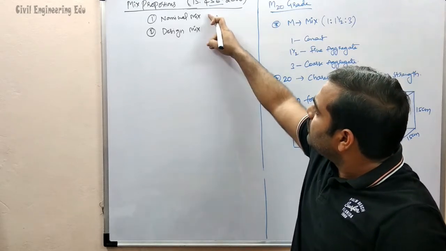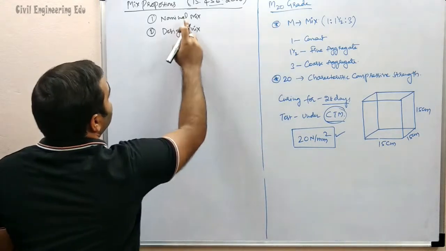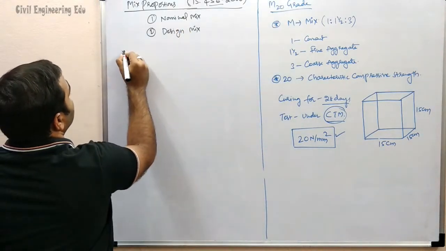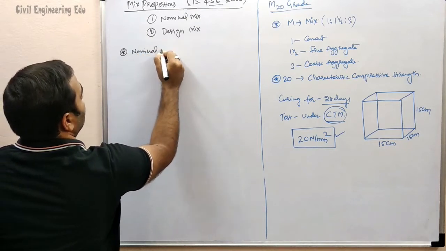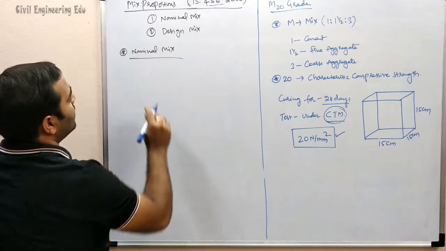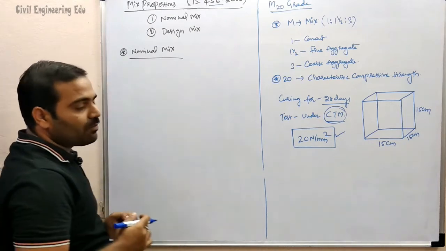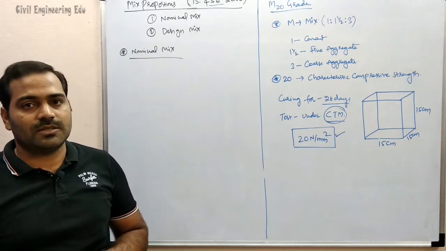So like that, if we want to know the mix proportions, in this case we will use two types of methods. So first one is nominal mix. So nominal mix is nothing but the kind of mix which we use for small construction projects.